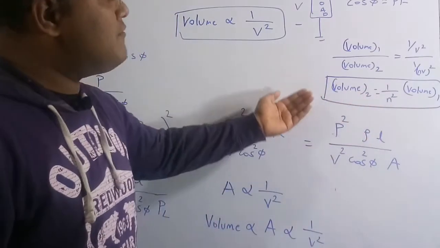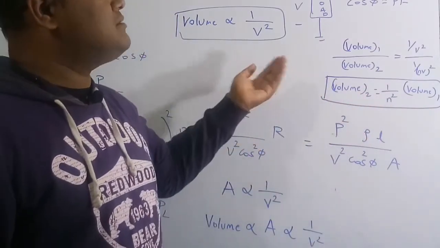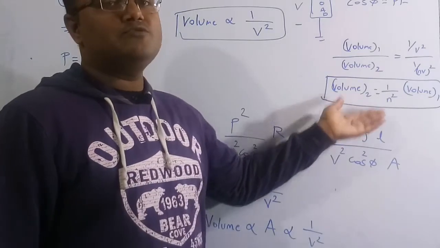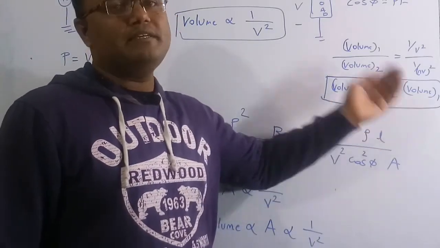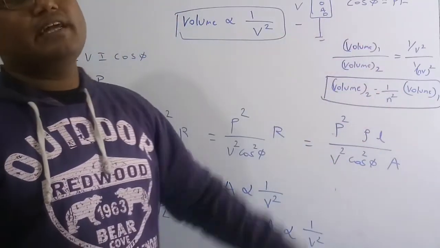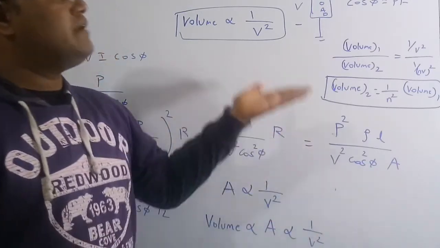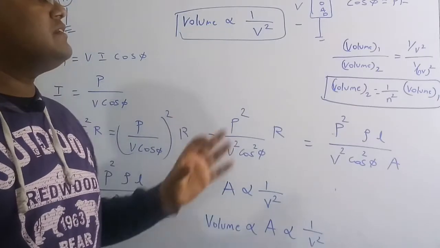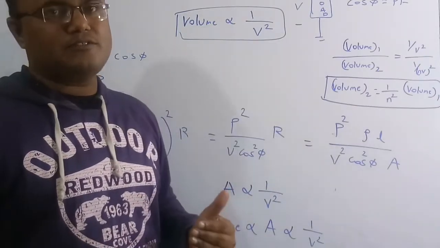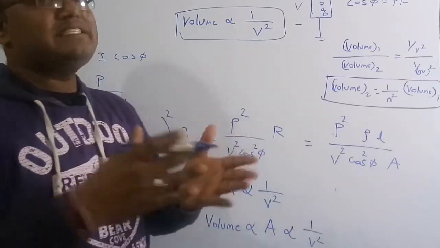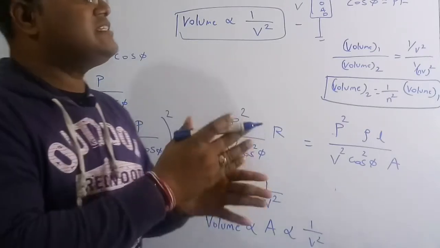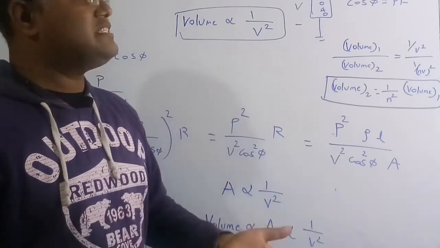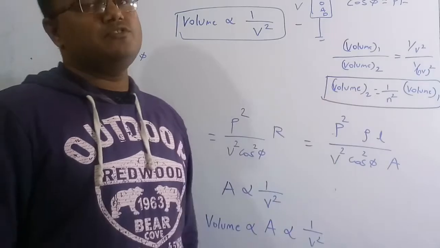So whenever the voltage is increased by n times, the volume decreases by n square. So the size of the conductor reduces by 1 by n square times, meaning smaller conductors are used if you increase the voltage. This is the correct solution of this question.